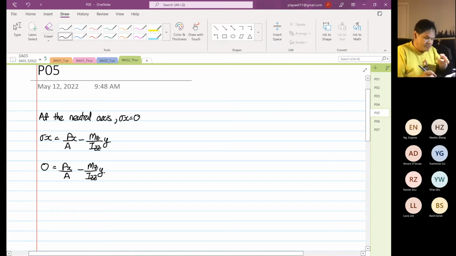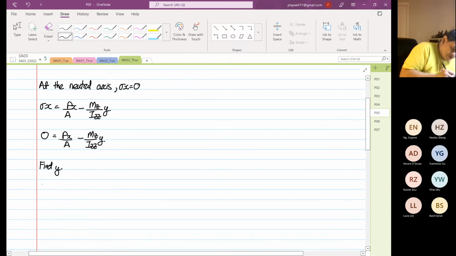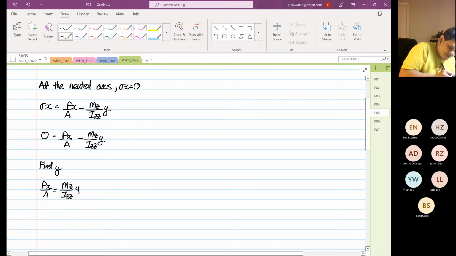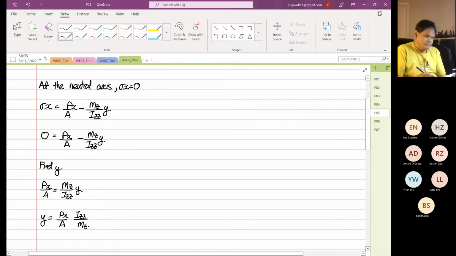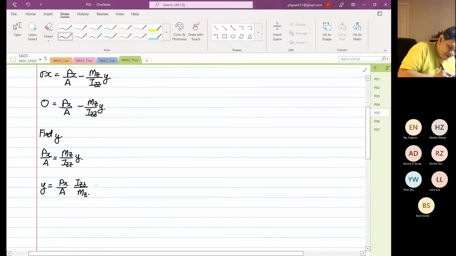Right? So now we are going to find y. Okay, so we just shift the equation: Px over A is equal to Mz over Izz multiplied by y. So y is equal to Px over A times Izz over Mz. Okay, so we just plug in the formula.